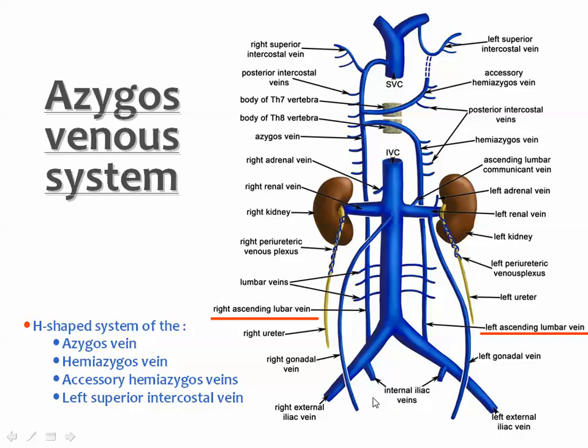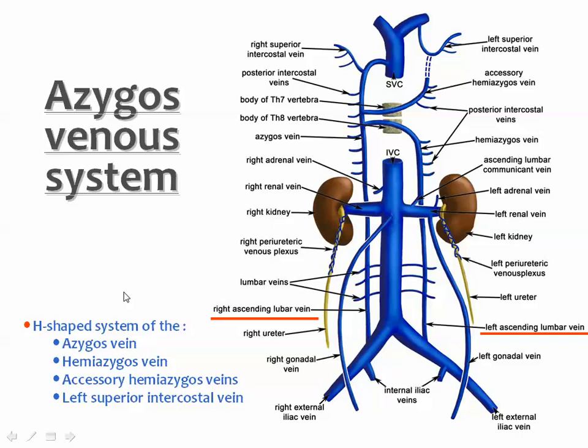And we should have some words about the azygous venous system, which provides alternative venous drainage from the limbs if the IVC is obstructed.